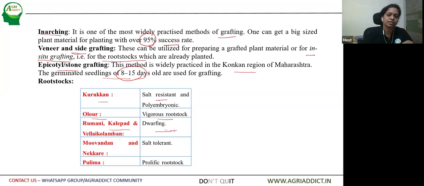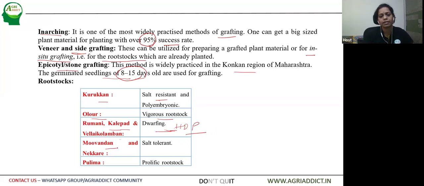If the plants are dwarf, they can be easily accommodated under high density planting. And also the normal horticultural operations or the cultural operations during the fruit growth as well as fruit development, it is very easy to take care of all these intercultural operations.